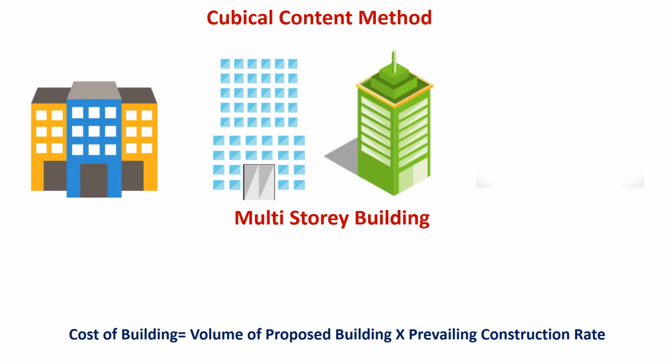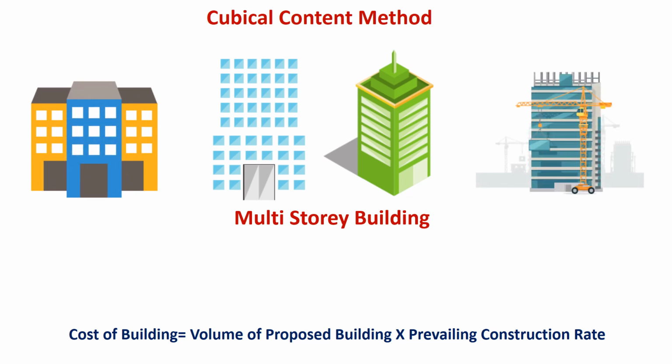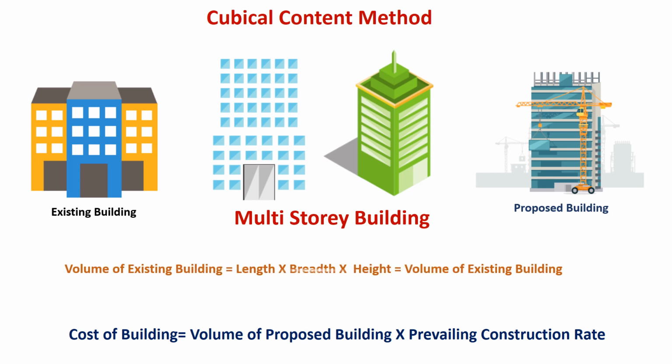So this is your existing building and this is your proposed building which you are going to construct. First of all, you calculate the volume of the existing building, that is, measure its length, breadth and height, and by multiplying the length, breadth and height you get the volume of the existing building.